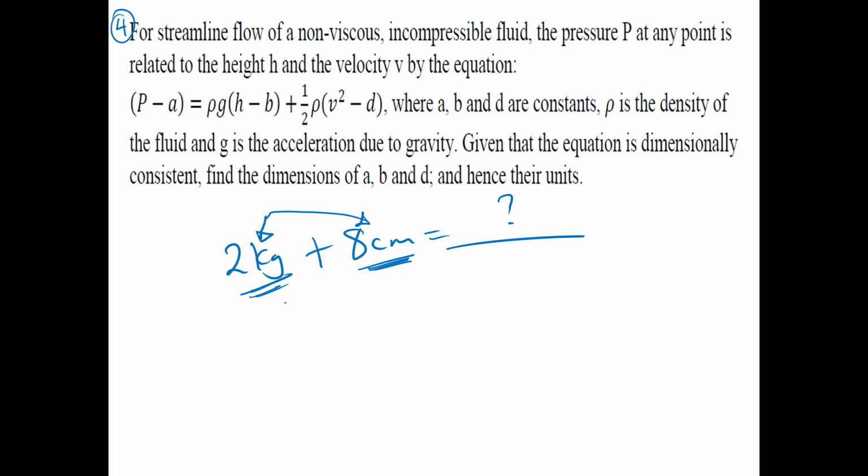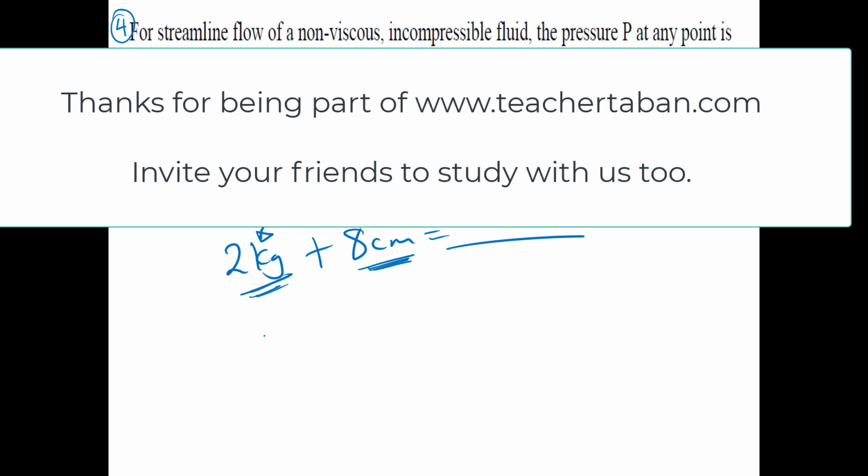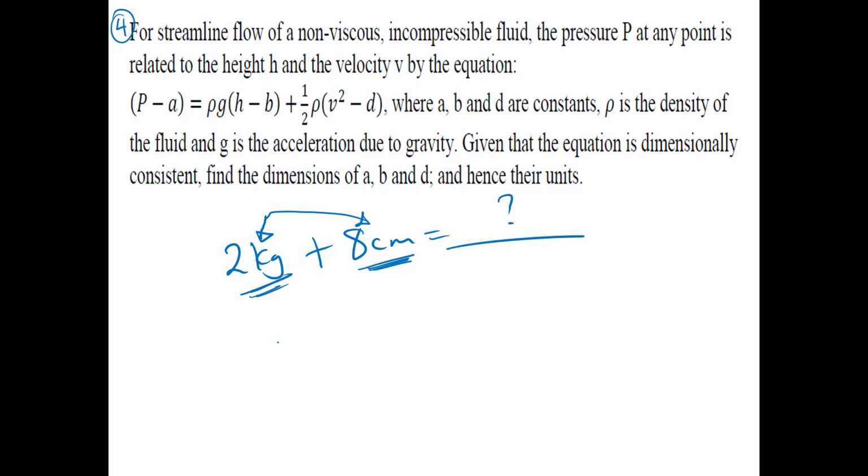Now, in the same way, it means that when you're dealing with dimensions of physical quantities, when you're adding or subtracting quantities, you must be adding or subtracting the same quantities. Centimeters with centimeters, meters with meters, kilograms with kilograms, and so on. Which means, therefore, that whatever you have in brackets whereby you're going to be adding or subtracting, those two quantities, for example, for the P and the A, they have the same units.